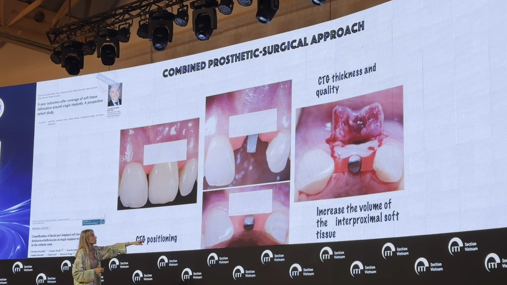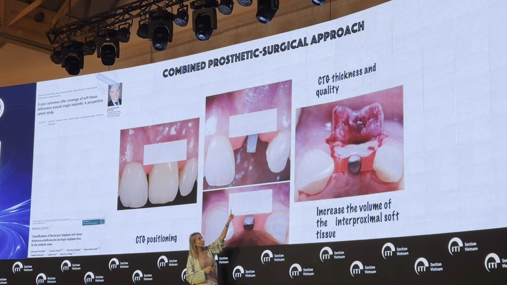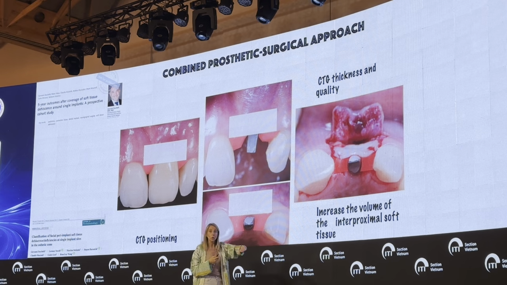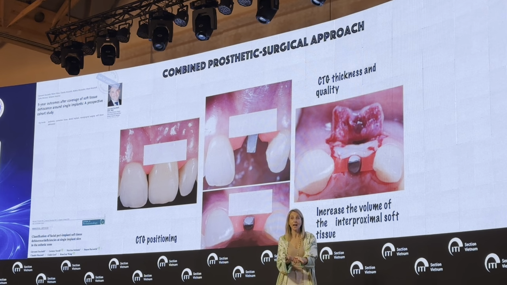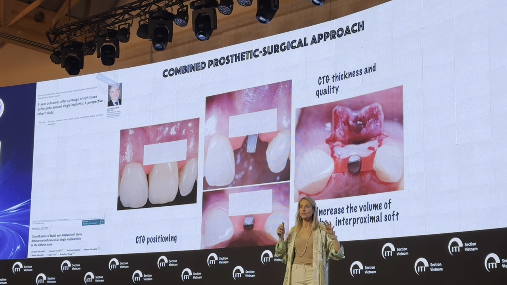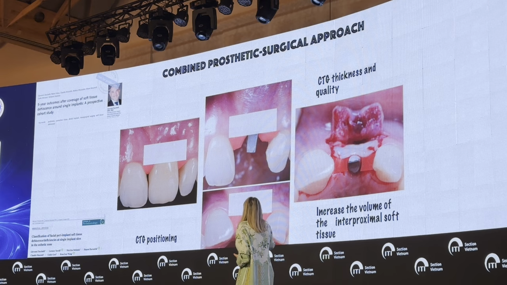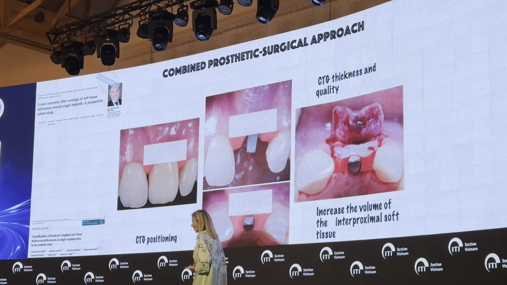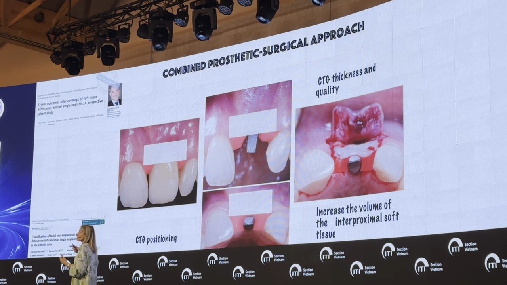And on the day of the surgical procedure, working without the crown in position, you can also take advantage of the occlusal aspect of the interproximal soft tissue, which can be de-epithelialized and can provide the vascular supply to the surgical papilla of the flap. So the combined prosthetic and surgical approach allows positioning the connective tissue graft in the right position, which is 1 millimeter more coronal than the final position.